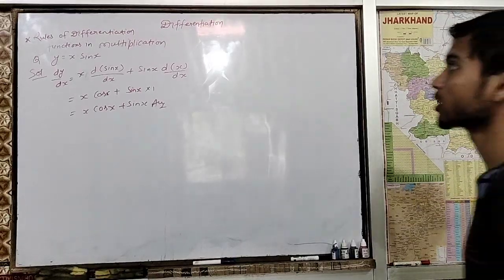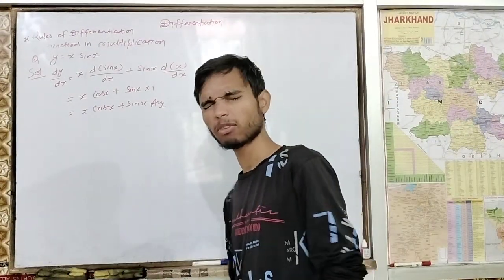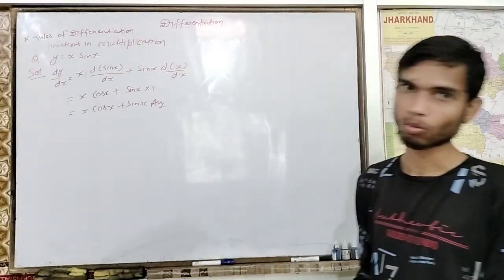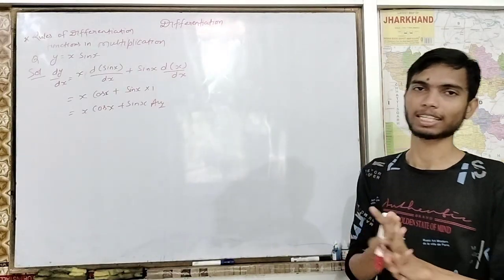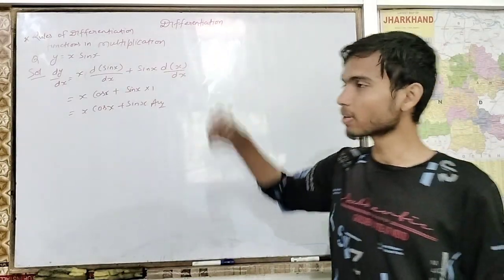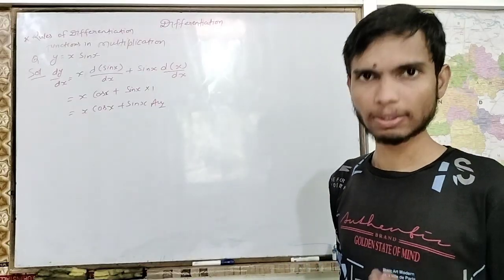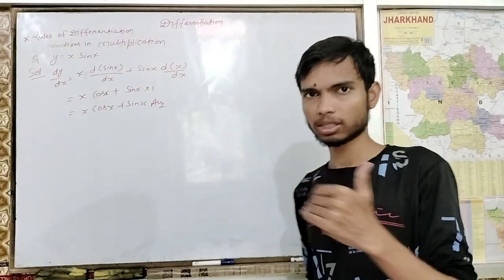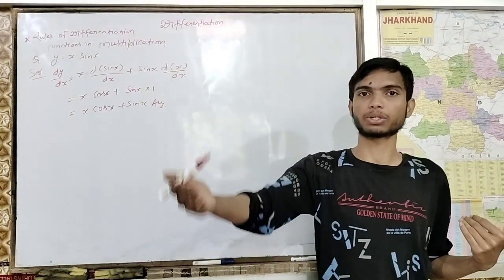So here we have a function which is in multiplication. Then how to solve a question like that? Just differentiate the first term, not the second. Don't differentiate the first; differentiate the next term.